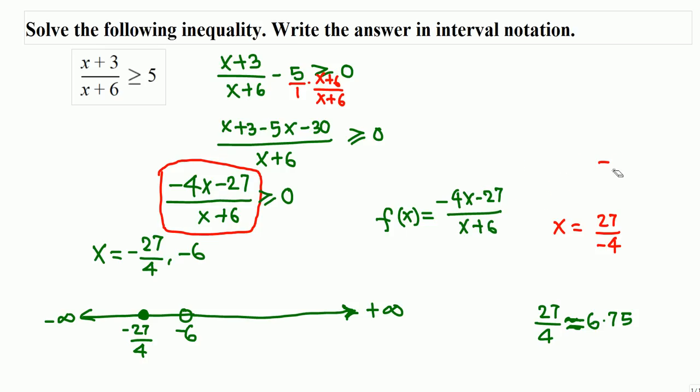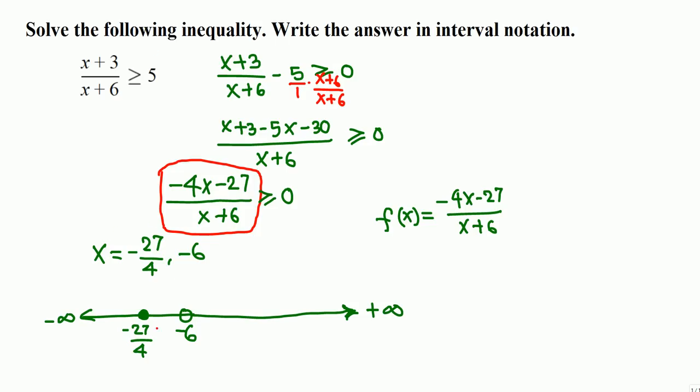For negative 6 through infinity, let's pick x equals 0. For below negative 6.75, we can pick negative 10. Between negative 6.75 and negative 6, we can pick negative 6.5.